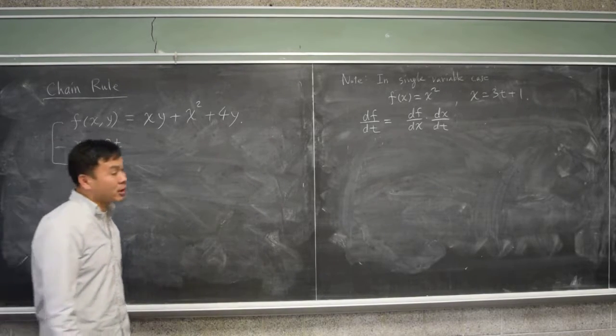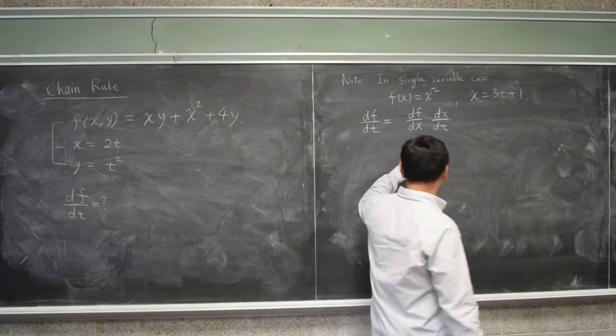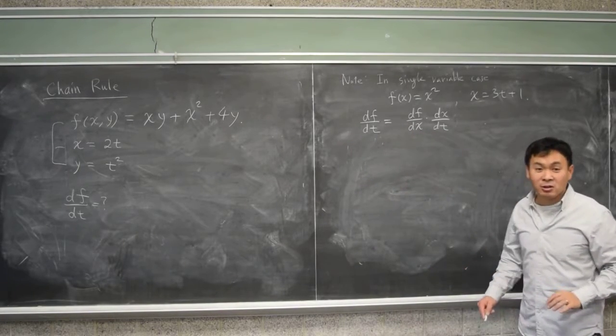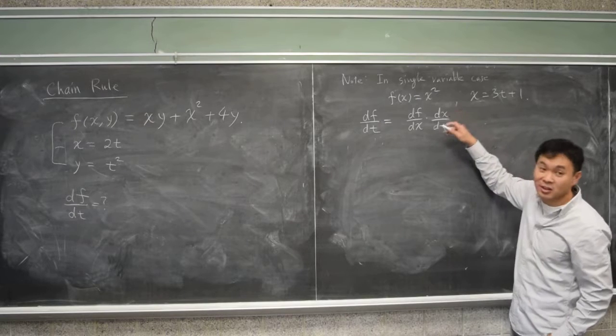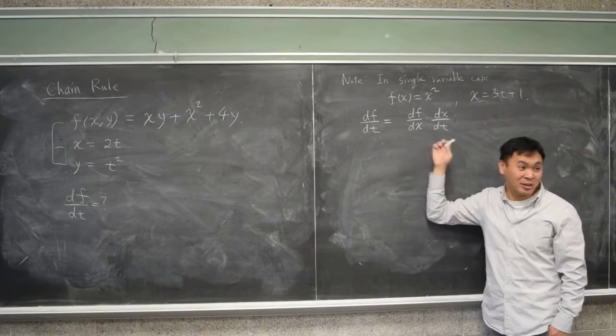This was called the chain rule, right? This is the Leibniz formulation of the chain rule. And it's very easy to understand because dx cancels and you have df over dt. So that's why it's the same thing.